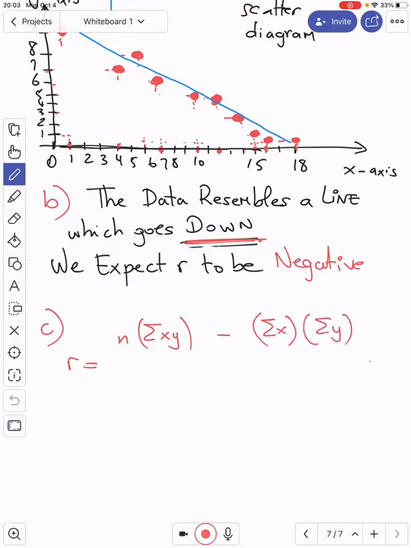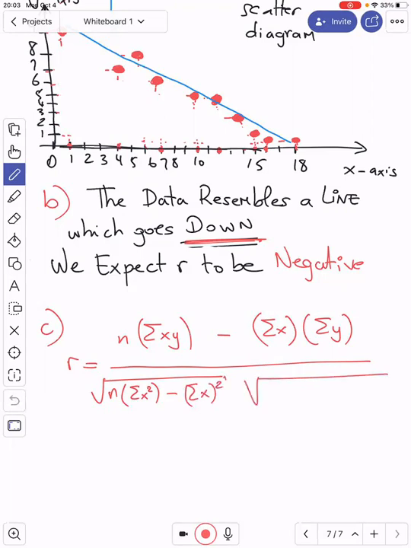This is the top. In the bottom, just be careful, you have two square roots. This is N times the sum of the x squared minus the square of the sum of the x's. And then another square root with the same thing for the y: N times the sum of the y squared minus the square of the sum of the y's, okay?